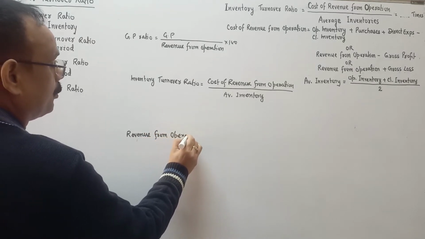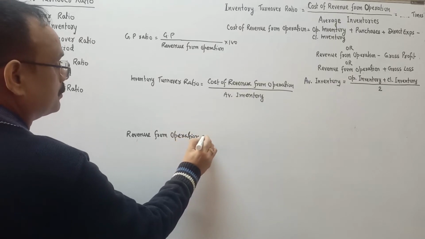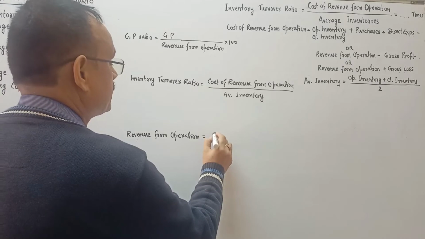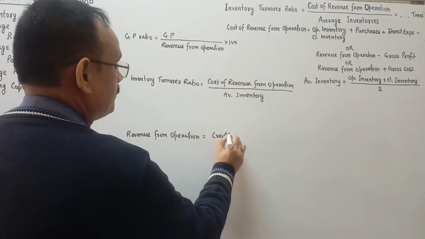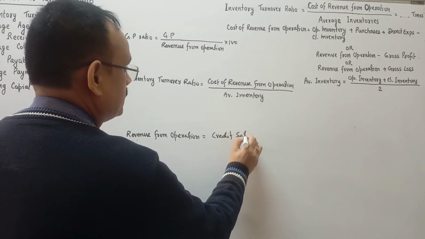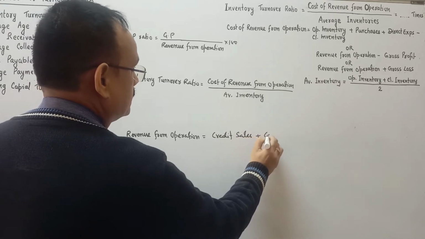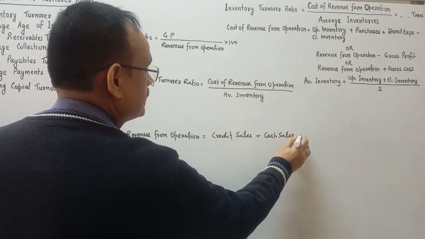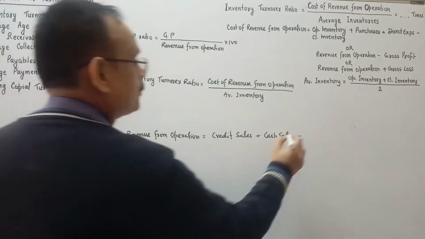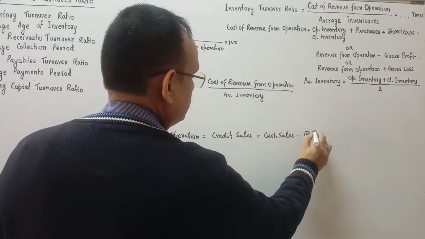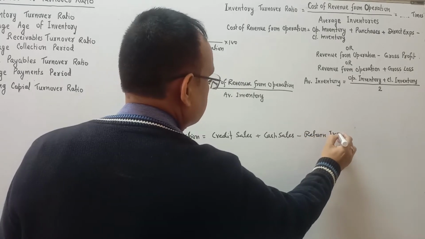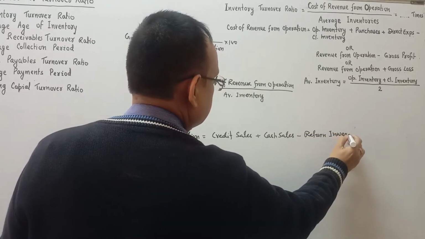So revenue from operation is equal to what? Cash sales and credit sales, plus cash sales, minus sales return, that is return inward. Return inward is sales return.